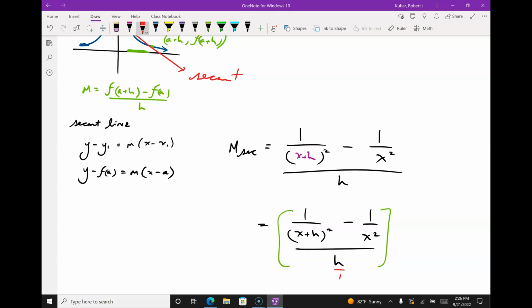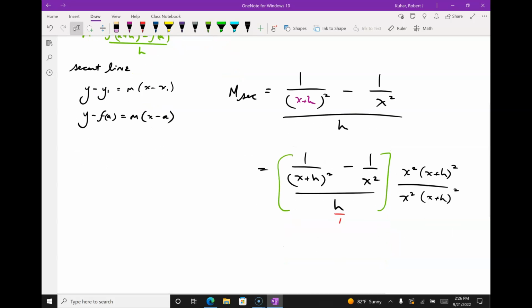So I want to use as my common denominator x squared times x plus h squared. And I'm going to multiply that over itself, so that I'm only multiplying by 1. Yes, you with me? Yes, no? I see a couple of nods. I'm going to distribute that into numerators. I'm going to write my original in black and my new piece in another color. So my original in black.